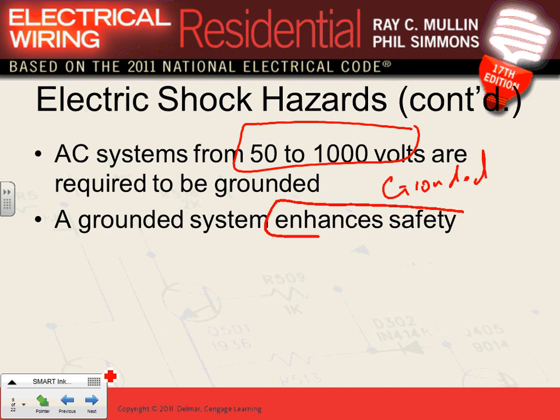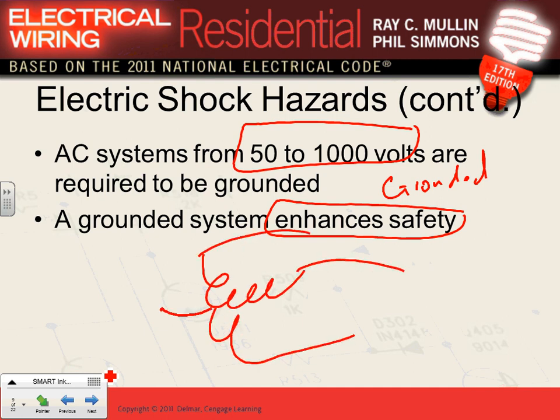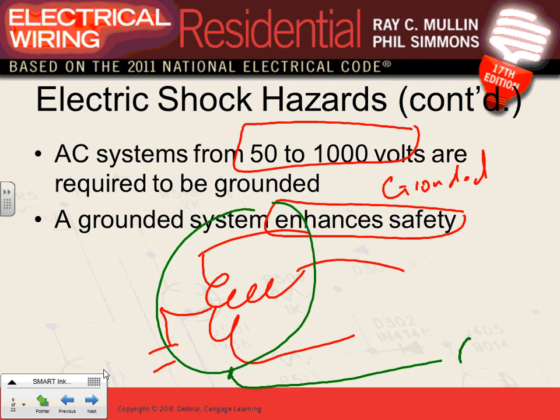Why do we ground the systems? Enhanced safety. When I say grounded, guys, here's a delta here. I mean a Y. Here's my grounded system. The system is grounded, and I'm also pulling an equipment grounding conductor with it. And I'm pulling here a grounding electrode conductor. That's what they're talking about. That's the safety inherent in the system that we use. This is 3-phase, single phase is very similar.